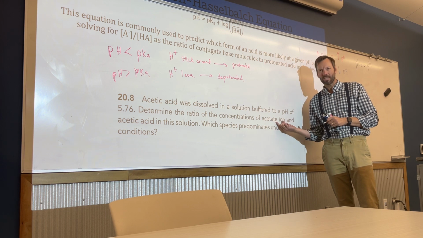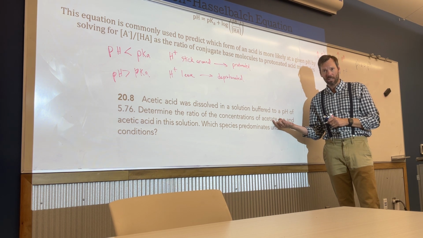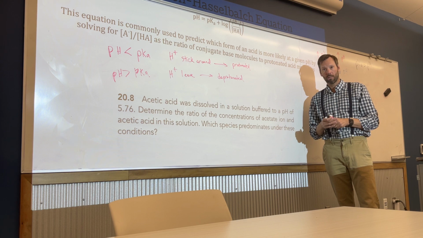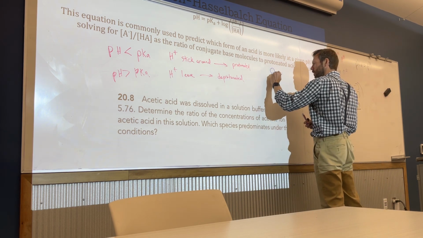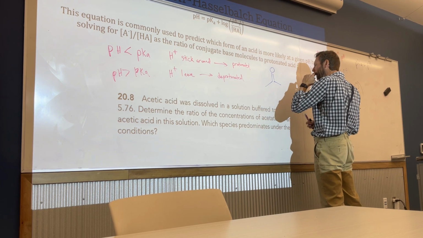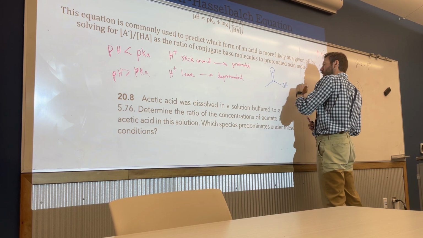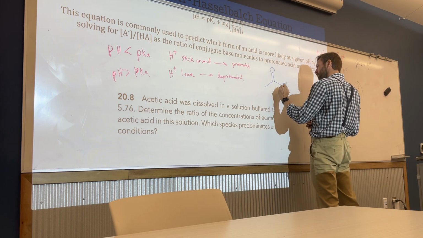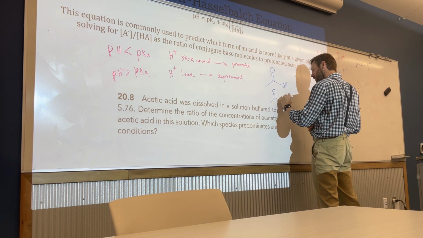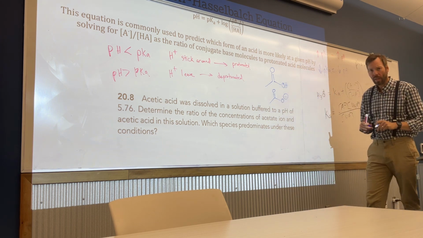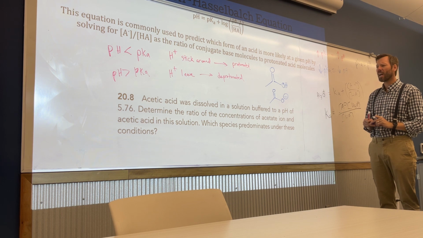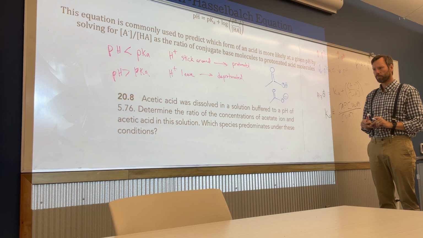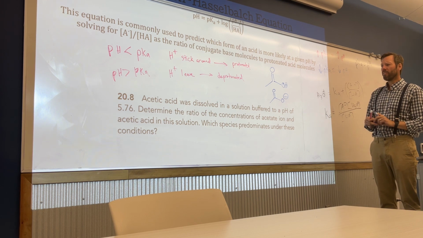So an acetate ion is acetic acid without that H. Acetic acid, acetate, and we want to find out what is going to be predominant.